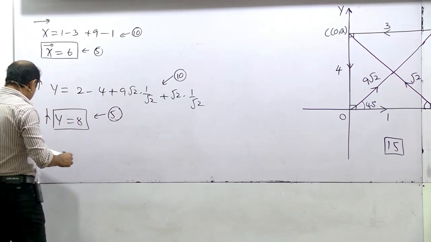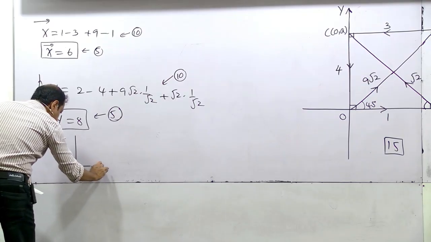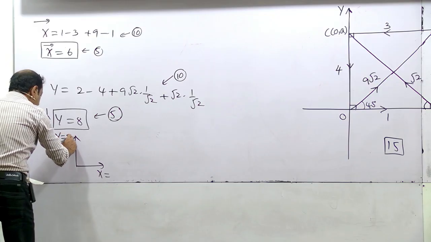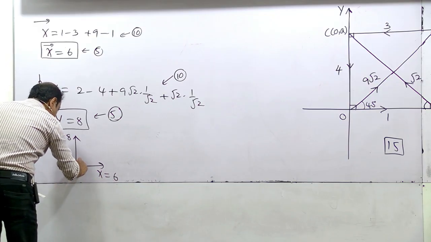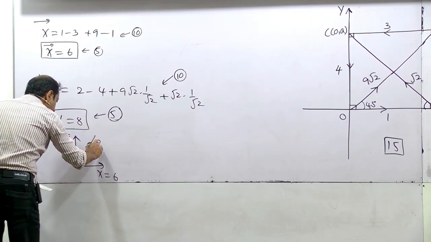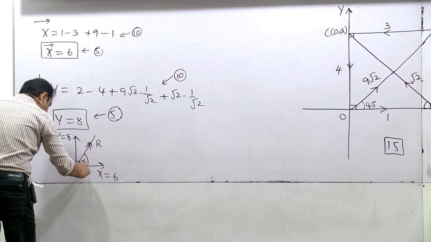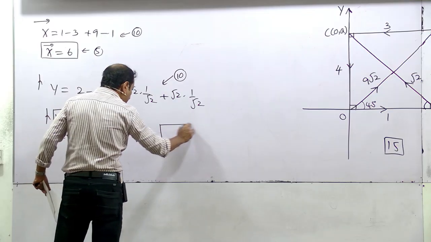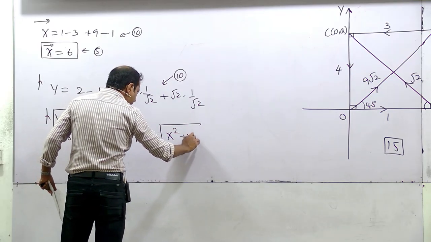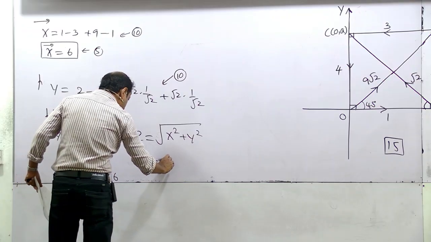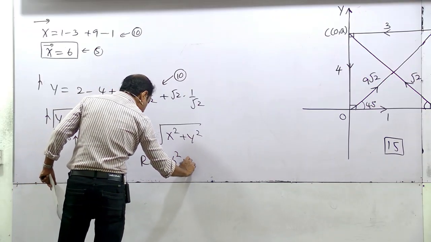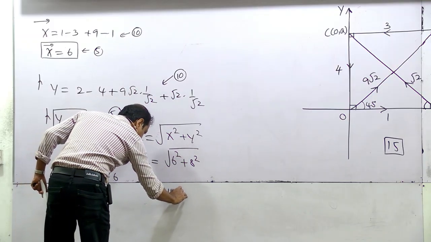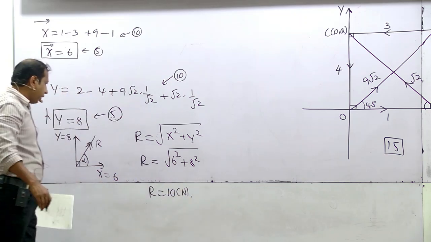Right. Now we need to find the resultant. X and y we know, y is 8, x is 6. Resultant force, assume as R. Let the angle be alpha. R can be found how? R equals square root of x squared plus y squared. Right, x means 6 squared, y 8 squared. This is nothing but 10. Tan alpha can also be found.